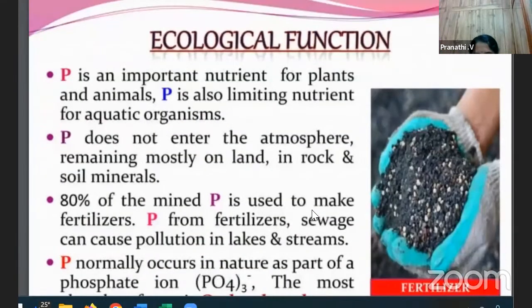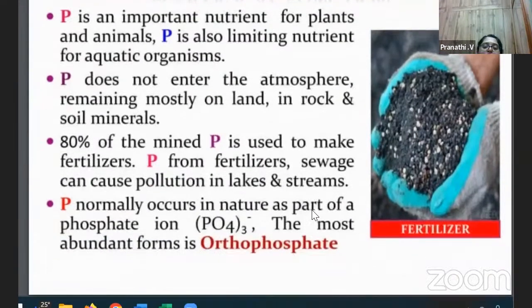Again, what is the ecological function? Now, phosphorus is a very important nutrient present in the soil, which is necessary for both plants and animals. Phosphates do not enter into the atmosphere, and it remains mostly on the land in the form of rock or the soil minerals. And whatever is mined is used to make fertilizers.